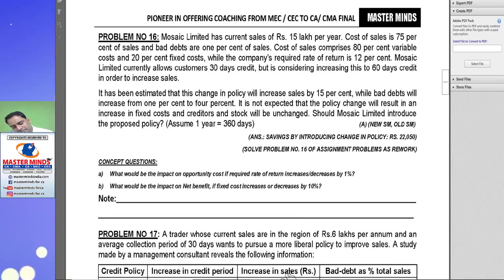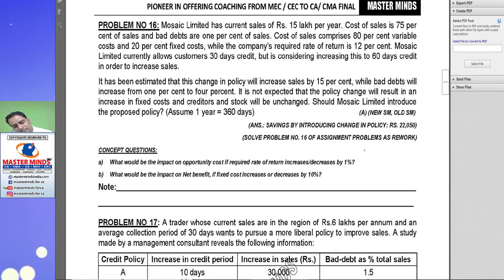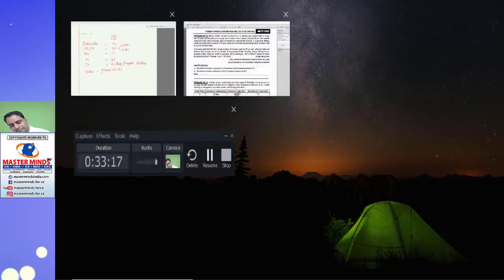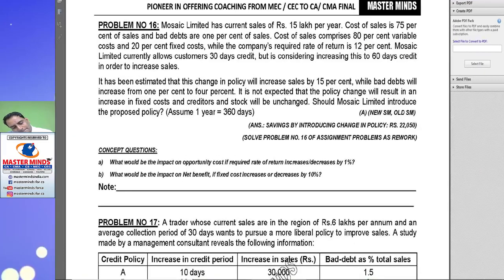It has been estimated that this change in the credit policy will increase sales by 15%. Bad debts will increase from 1% to 4%.